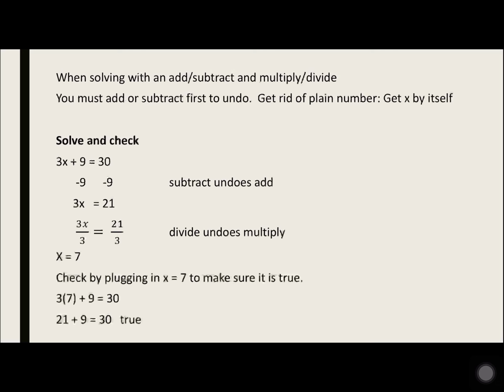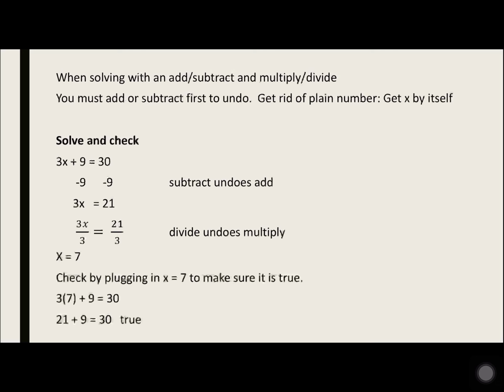So we get 3x equals 30 minus 9 equals 21. Now we have 3x equals 21. That means 3 times, so divide, that undoes multiply. 3x divided by 3 equals 21 divided by 3. The 3's cancel on the left. 21 divided by 3 equals 7.